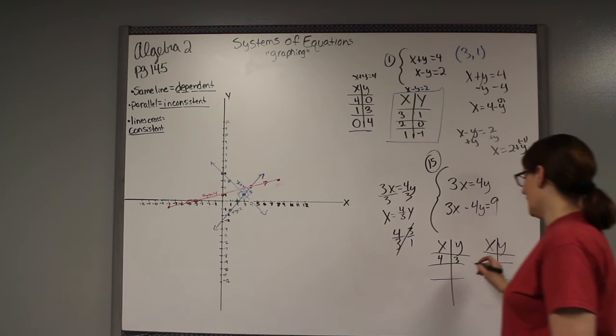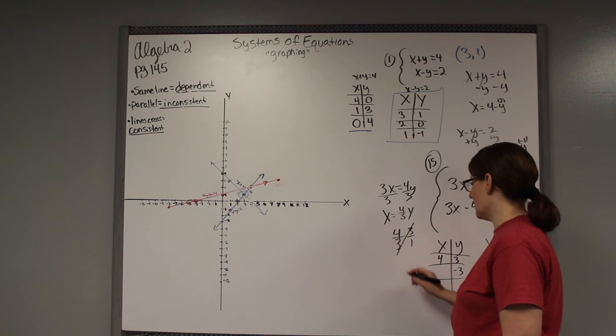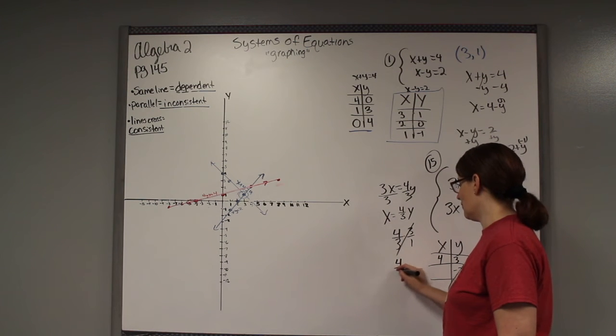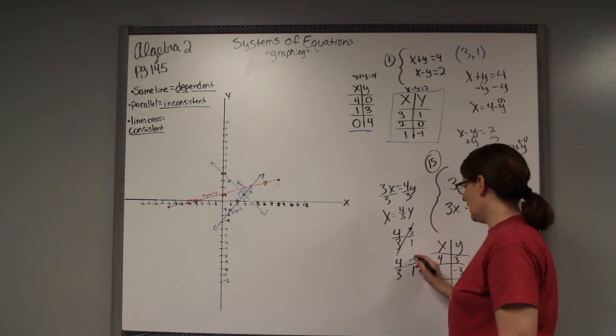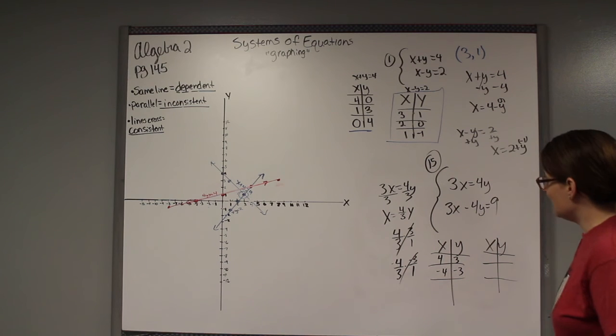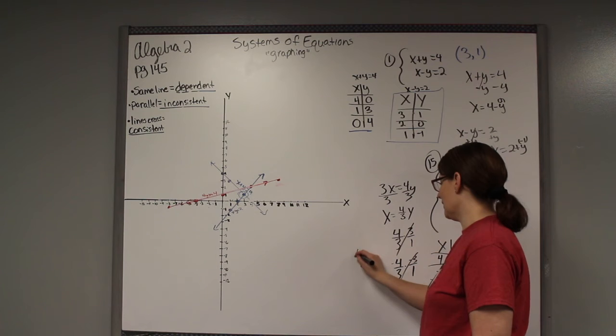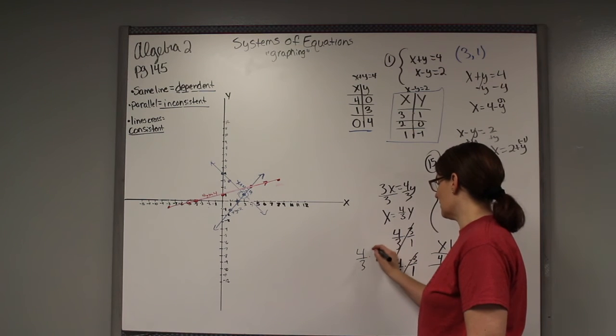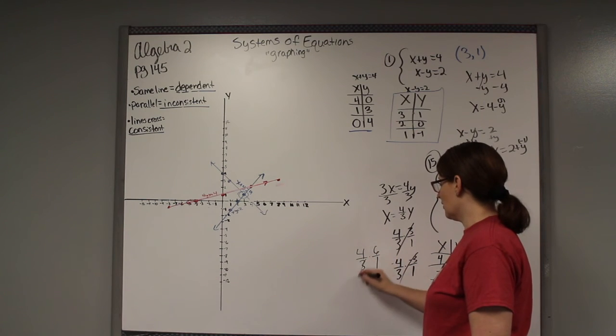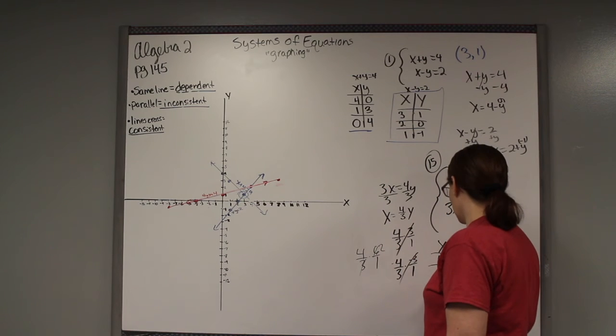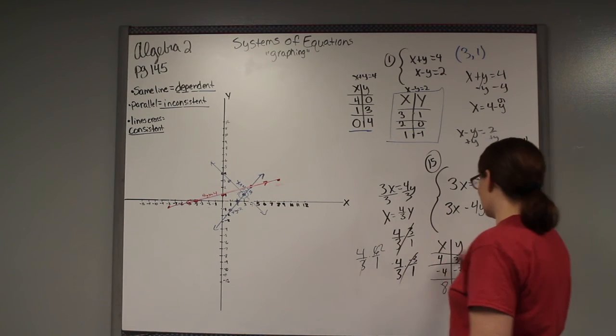If I said y was -3, then I would have 4/3 times -3, and that would make this a -4 after those cancel out. And if I said y was 6, I would have 4/3 times 6/1. 3 goes into 6 2 times, so 4 times 2 is 8.